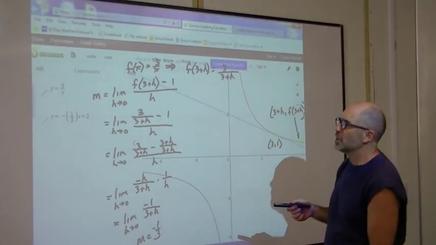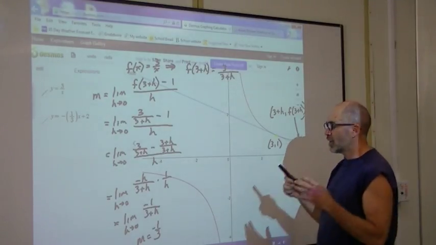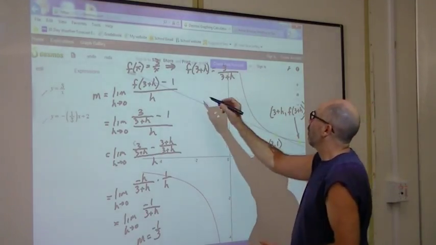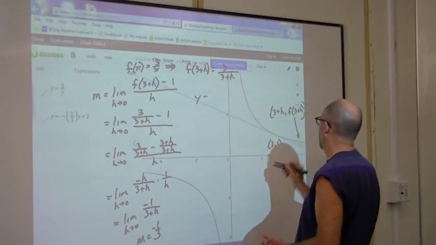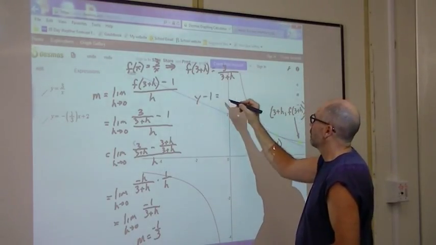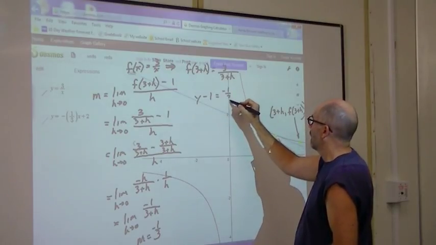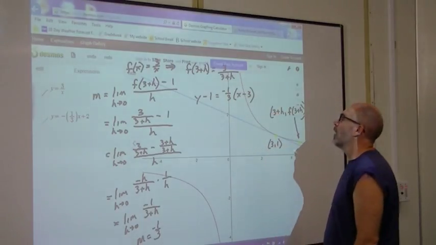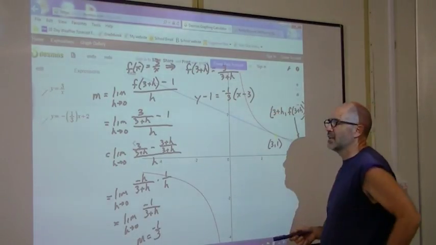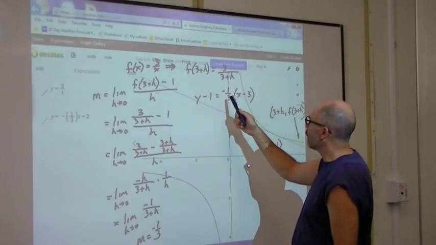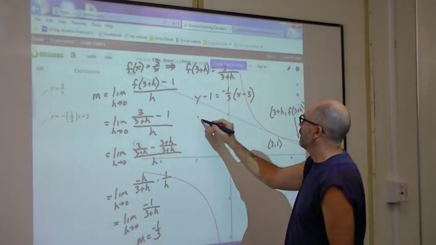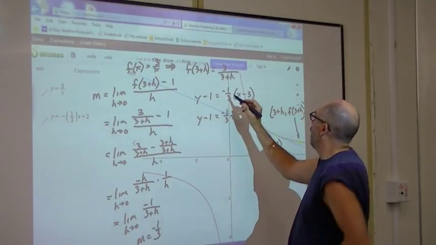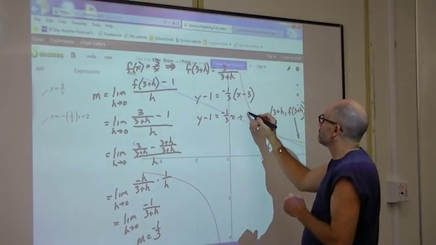Okay, now we didn't want just the slope, we wanted the equation of the tangent line. So that means we do the same thing we did before. y minus y sub 1, which is 1, equals m times x minus x sub 1. Now if I want to get that in slope-intercept form, all I do is distribute my negative 1/3, so I have y minus 1 equals negative 1/3 x plus 1.